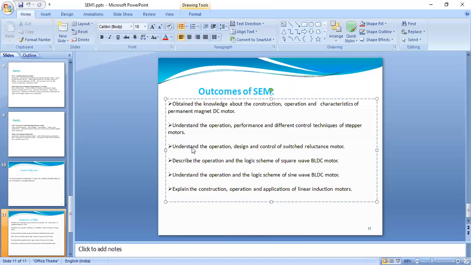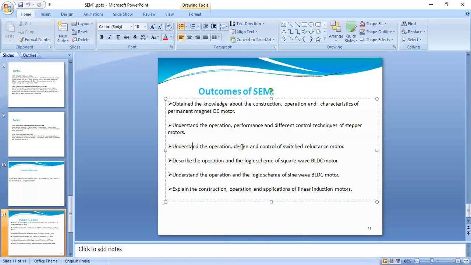The next, course outcome 3: the student is able to understand the operation of the switched reluctance motor. Again, there are 2 different types of switched reluctance motor, so they understand the operation of the different types of switched reluctance motors and design. I already told you about the stator pole design and rotor pole design.